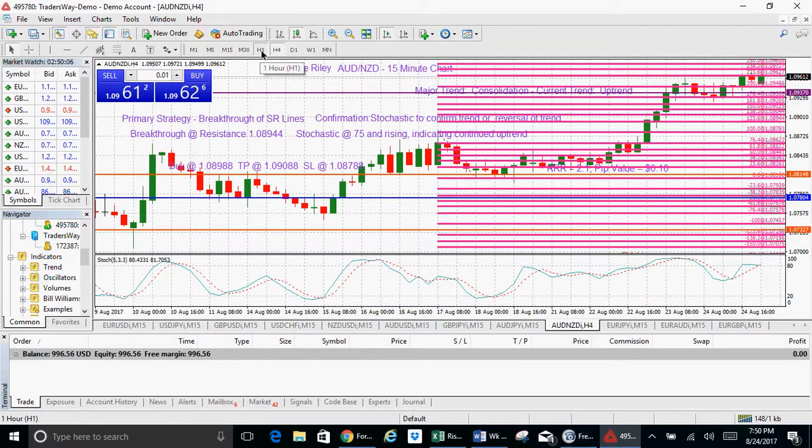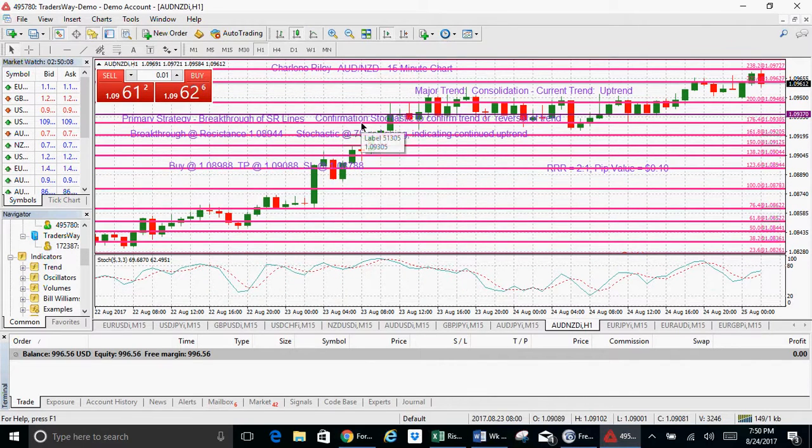Next, I'll look at my 1-hour chart, and I still see the overall uptrend, although it does seem like a bit of consolidation. The market's been fluctuating within a range of about 30 to 40 pips.